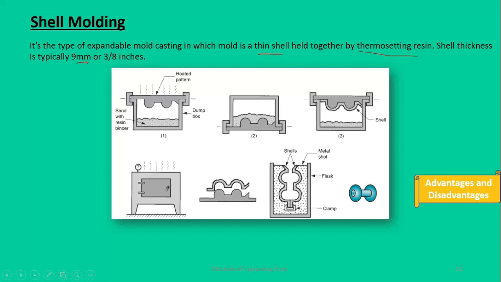So how do we do that? The first step, we make a match plate pattern. You know what the match plate pattern was? If you remember our previous lecture, we had a plate, and both cope and drag were attached to this plate.